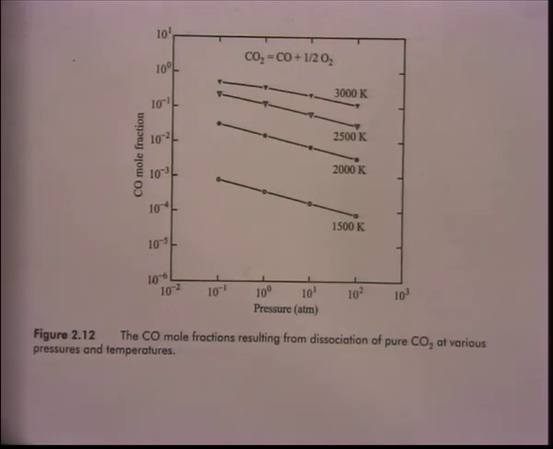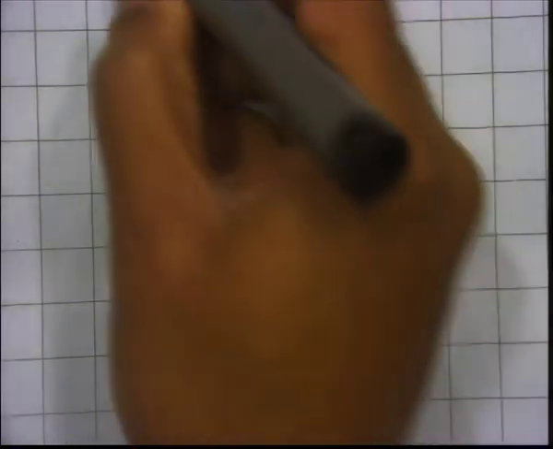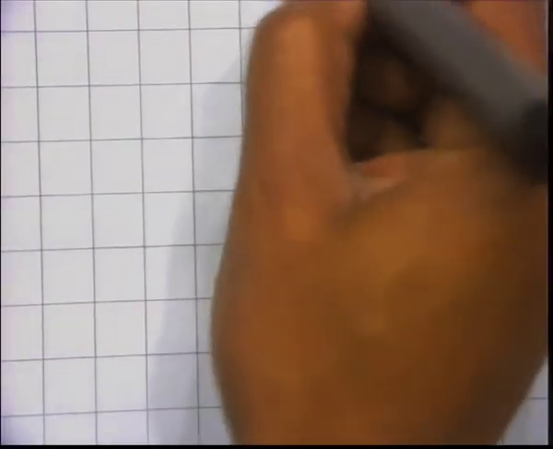Now, we will have to close in a few minutes, but before that let me tell you that this problem can become more complex. So, we started with CO2, right, and I said that this gives you CO plus half O2, all right.